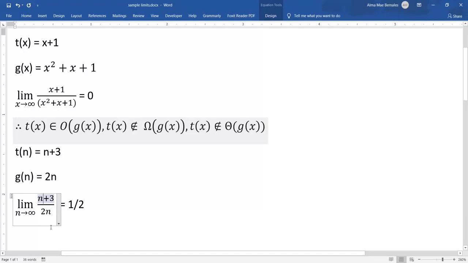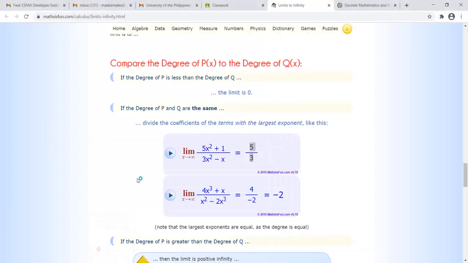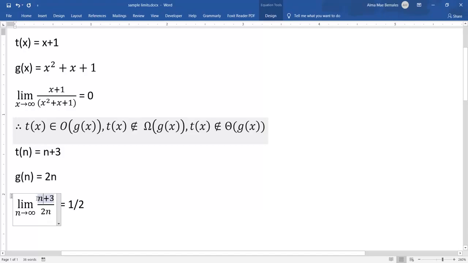So they are the same. So since they are the same, we will get the coefficient of the largest exponent and we divide them both. So 1 and 2. So 1 over 2, this is our limit as n approaches infinity.